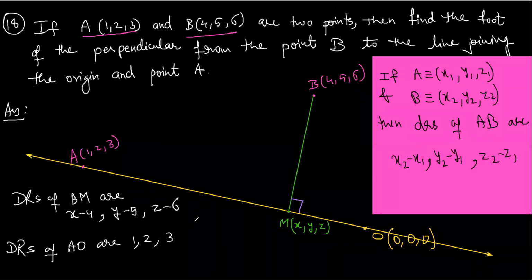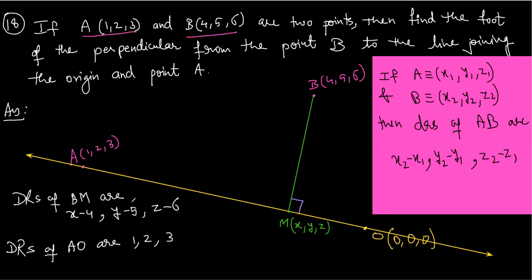Now, students, see, this AO is perpendicular to BM. I write here, AO is perpendicular to BM.